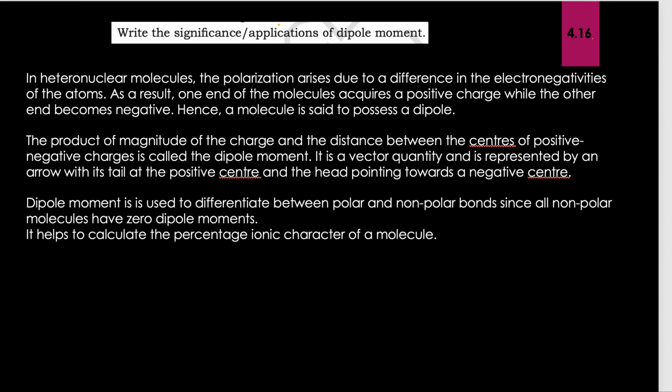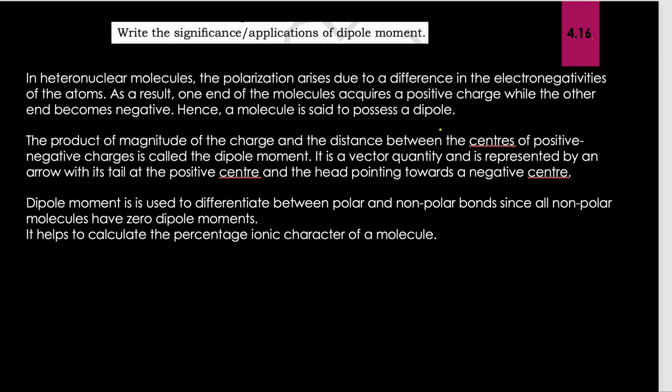The electrons are going to be moving to only one particular atom, and therefore they will have two different poles, a partial positive pole and a partial negative pole. So because of that, polarization takes place. As a result, one end of the molecule acquires a partial positive charge while the other becomes negative, and hence a molecule is said to possess a dipole.